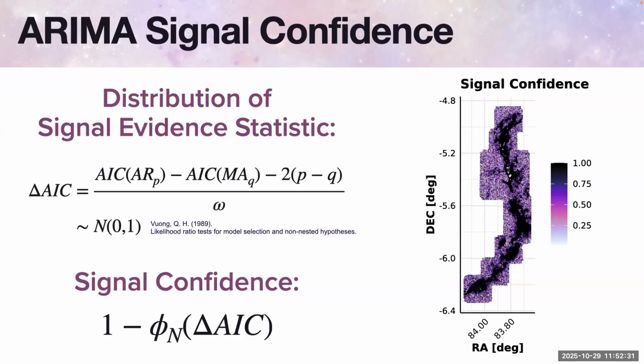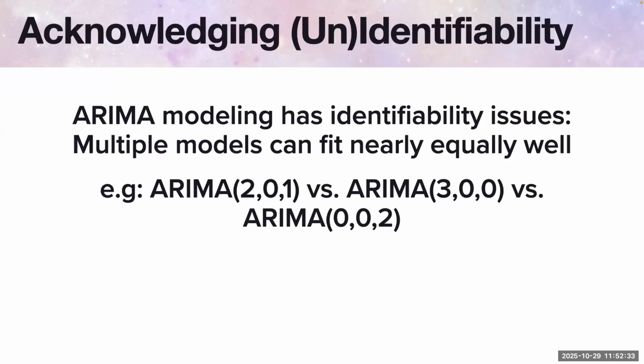But there is a little bit of subtlety we need to address, which is that ARIMA modeling has severe identifiability issues. This is known, this is not new. It doesn't just exist in this setting, it exists everywhere. As an example, you could have an AR order of 2 and an MA order of 1, but that might fit almost as well as just an AR3 or an MA2 or whatever.